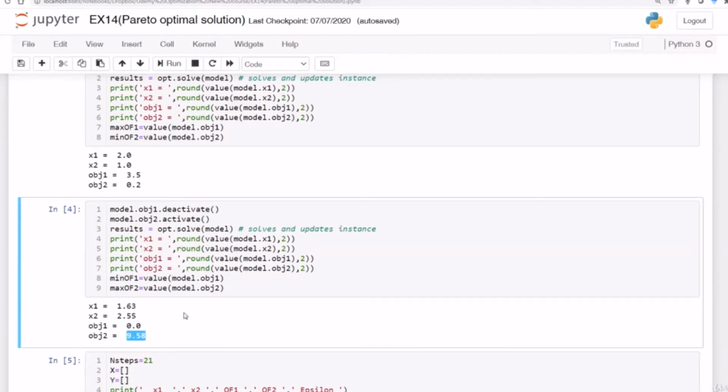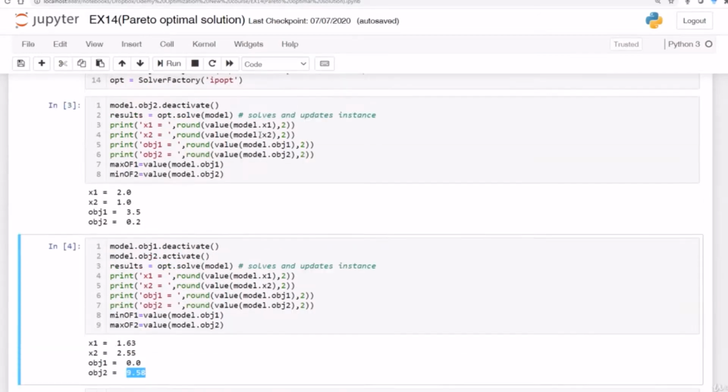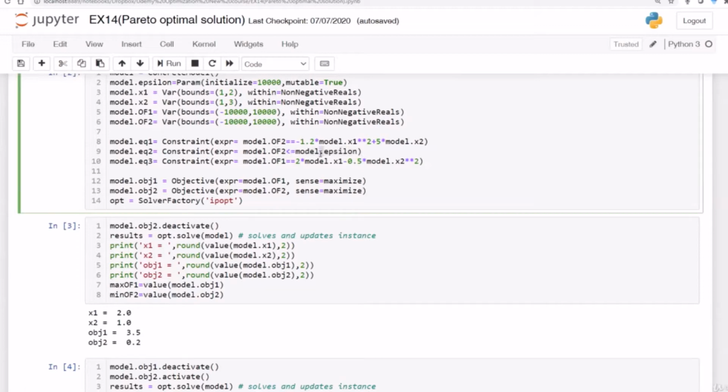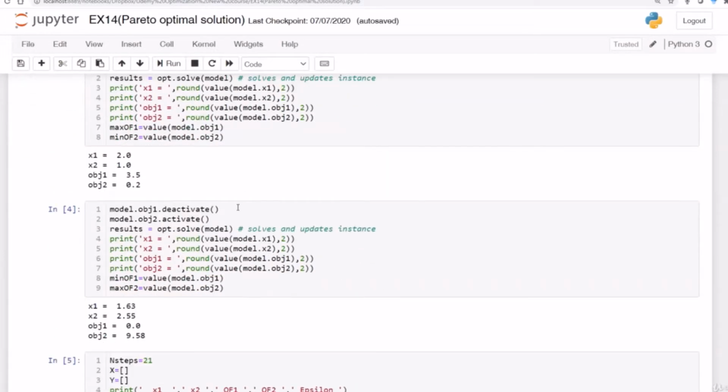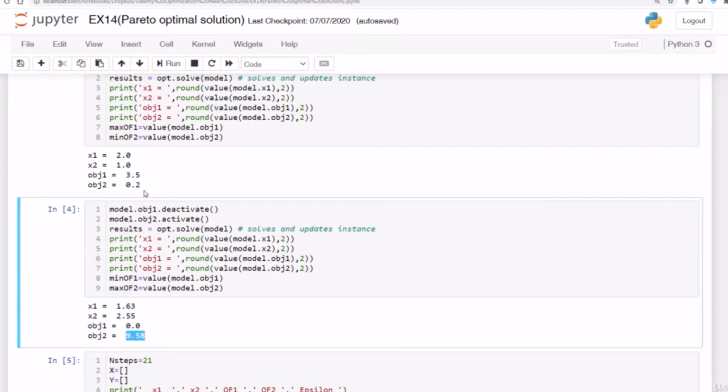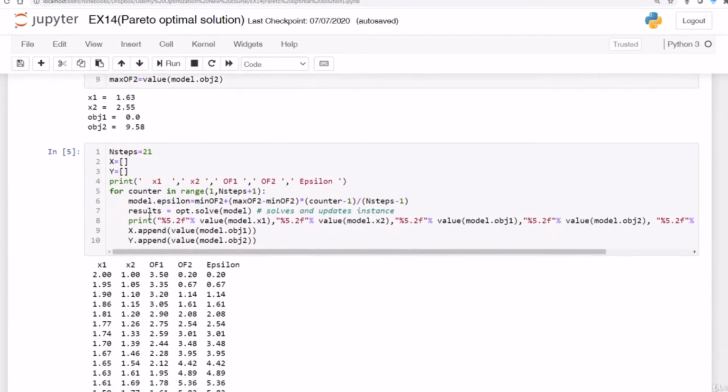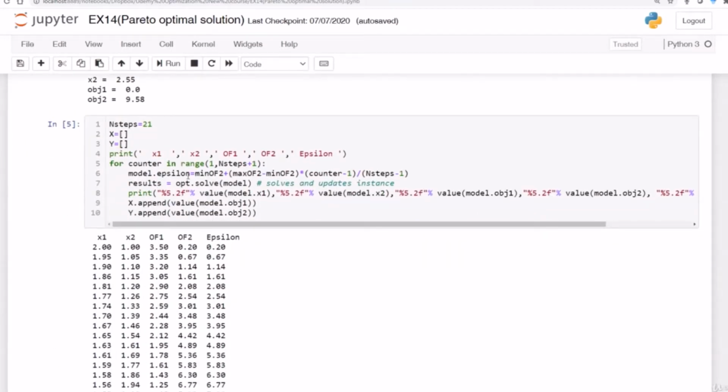But how should I continue? I have to do something about that limit I already specified here, the epsilon. So if I am talking about the OF2, I should look at the variation range of OF2. It is changing between 0.2 and 9.58. So I can say it can start from this quantity and go down to here, and then try to optimize the other objective function. Okay, so look at here.